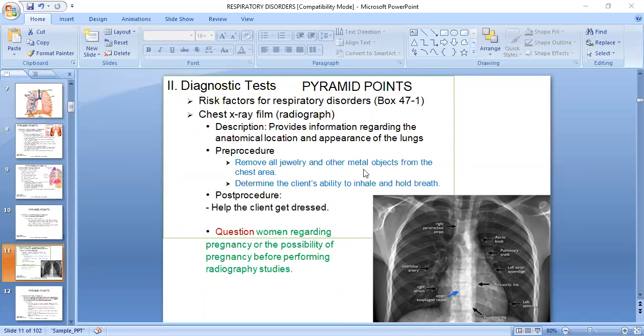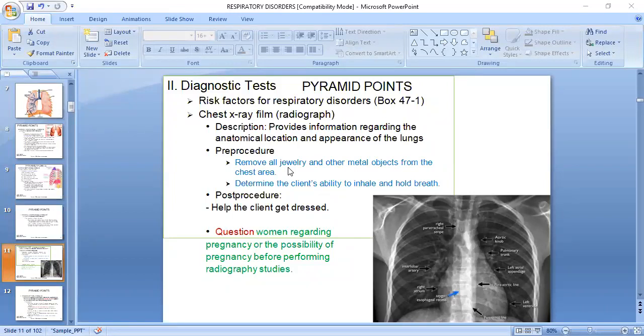Also we have to remove all kinds of jewelry, and make sure the patient does not have a pacemaker. Remove jewelry and other objects from the chest area, and determine the client's ability to inhale and hold. When we take the picture, tell the patient to hold their breath. After the procedure, help the client get dressed and return his or her jewelry.